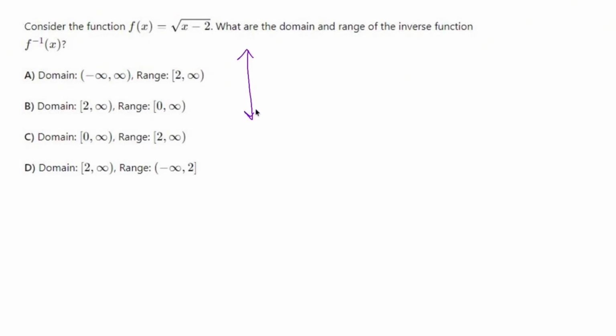Now, the graph of the square root of x looks like this, which means the graph of the square root of x minus 2, since the negative 2 lives with the x, is going to be a translation to the right 2 units.